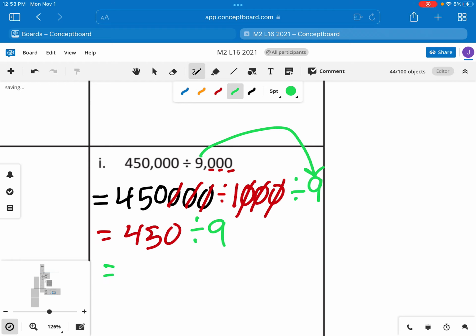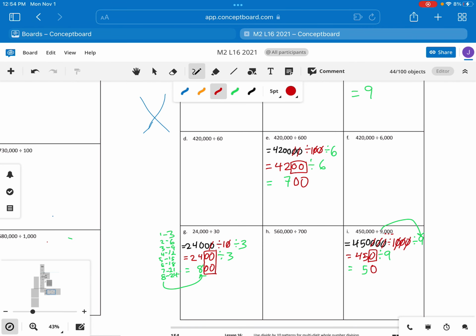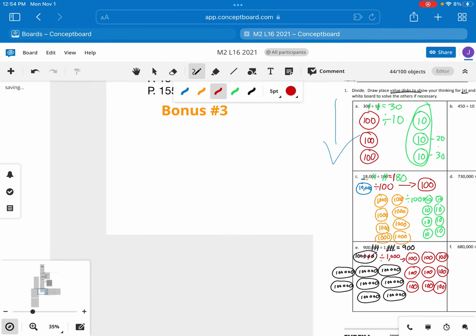So my problem is 45 divided by 9, and that gives me 5, and I have 1 zero left over. And that gives me 50. I hope this was helpful. Again, this is Module 2, Lesson 16, and you can pause or go back if you need to.